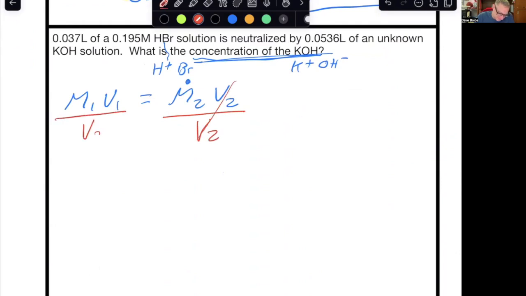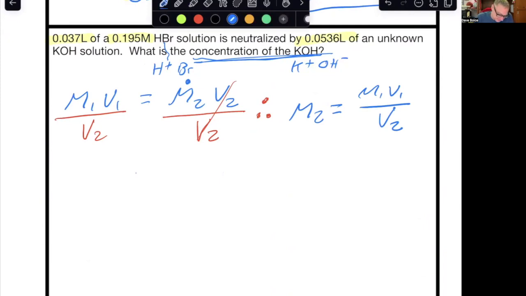So therefore, M2 equals M1V1 divided by V2. And then this is just kind of a plug and chug. So I'm going to put my M1, which is right here, and my V1, which is right there, and my V2, which is right here.